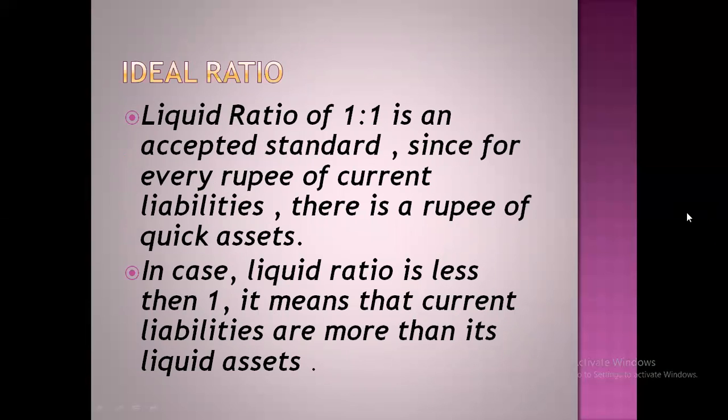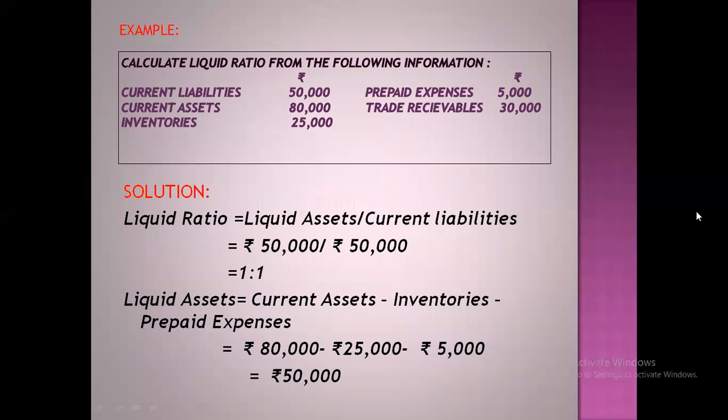Liquidity ratio of 1:1 is an accepted standard, since for every rupee of current liability there is a rupee of quick asset. If the liquidity ratio is less than 1, it means that current liabilities are more than its liquid assets, and the enterprise will face a problem in obtaining short-term loans.